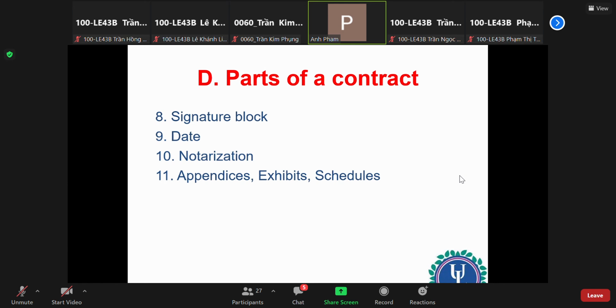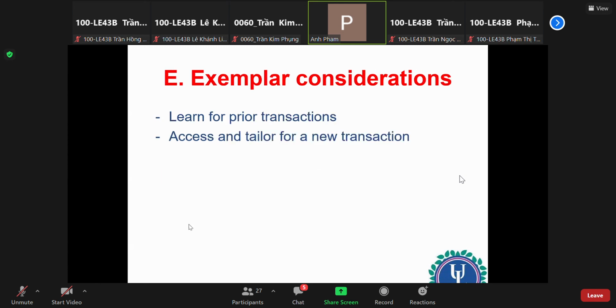Then the contract has appendixes or exhibits or schedules attached to it. So you just know all the sections of a contract.